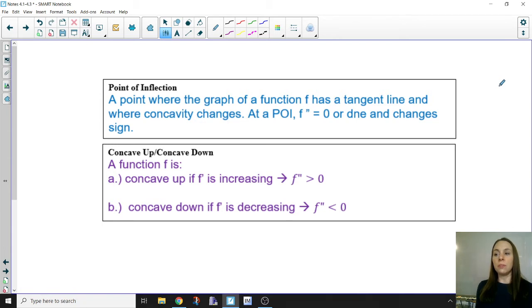So, whenever you have that changing from a U for up into a frown for down, or vice versa, that's where you're finding a point of inflection. Okay, the most important thing to note in this definition, I would say though, is that at a point of inflection, f double prime equals 0 or does not exist. Okay, I'll talk about that when we get to some examples. And changes sign.